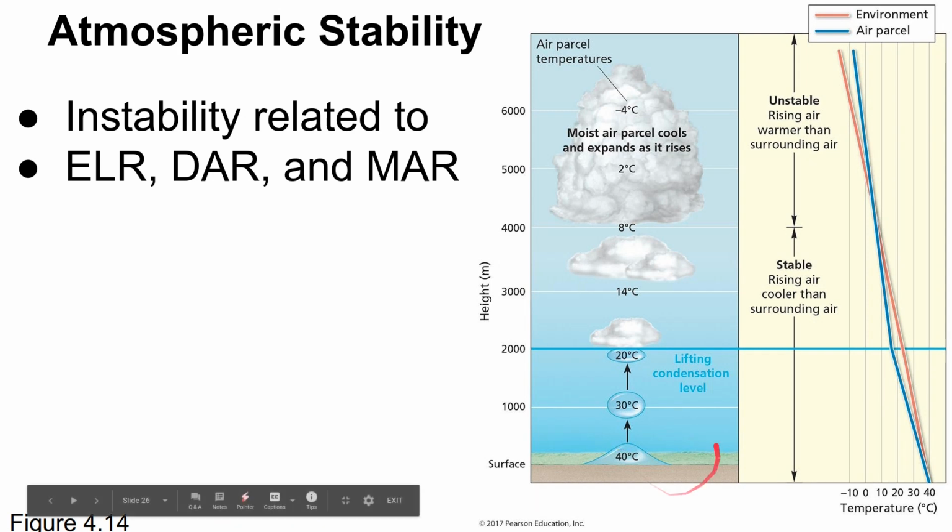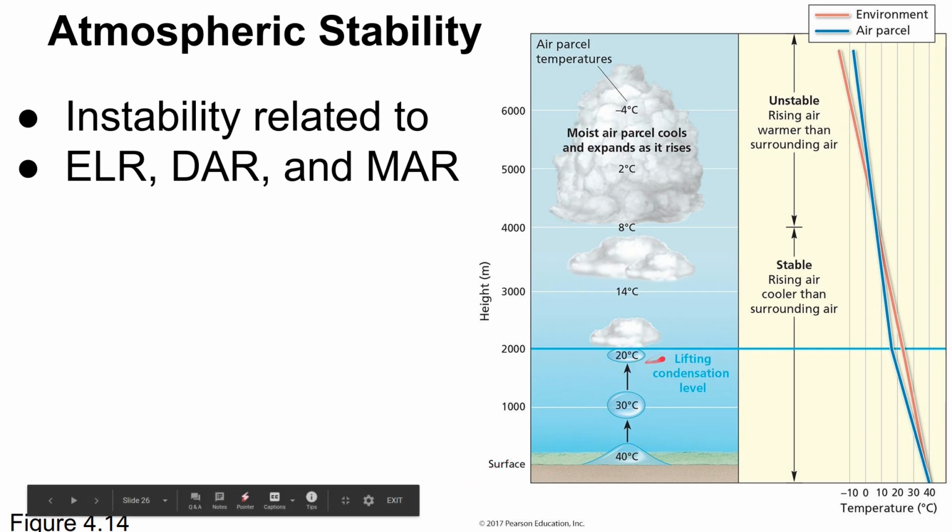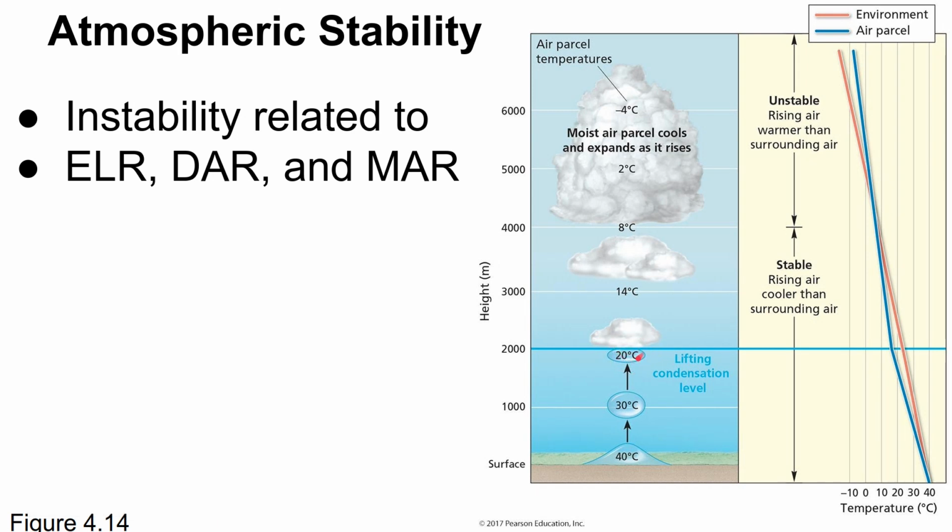I could say you've got a parcel at the surface at 40 degrees, and the specific humidity is... I would just look it up on the table, find what the maximum specific humidity is at 20 degrees. I think it's 14.7. If I give you the specific humidity of a parcel, you can find the dew point temperature. If I give you the dew point, you can figure out what the specific humidity is of the parcel.